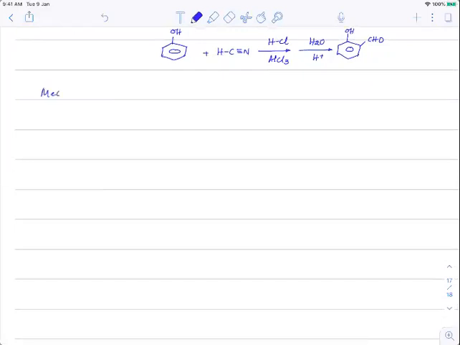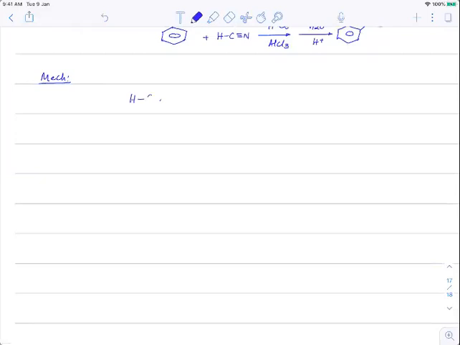If you see the mechanism, phenol, start with HCl, HC triple bond N. When it reacts with HCl, the lone pair on nitrogen will attack H plus.